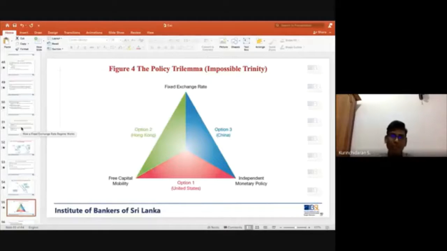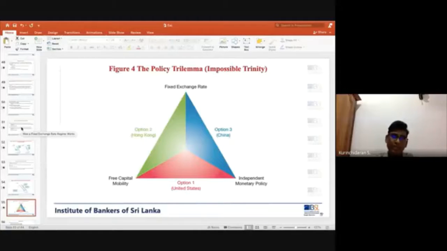These are the aspects economic policymakers always want to have: a stable foreign exchange, free capital mobility, and an independent monetary policy. These are three important targets for policymakers.